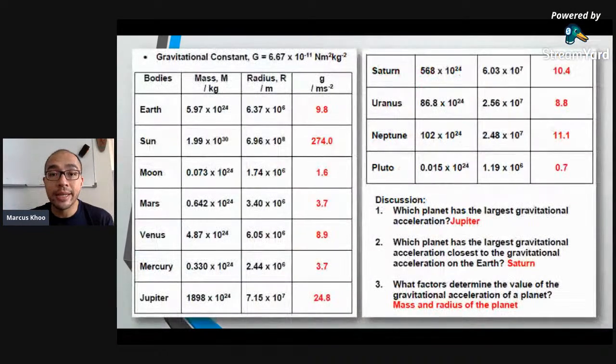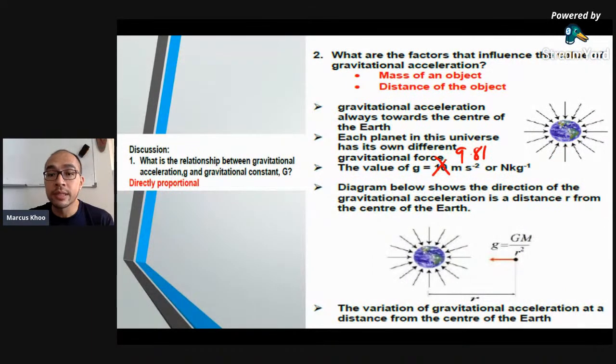We find that there was a relationship between g and the R. If you remember the graph, it was directly proportional first, and then at the maximum over here, this is the gravitational acceleration on the surface of the Earth, and after that it will decrease. It will be inversely proportional. The further you are away from the surface of the Earth, the smaller the gravitational acceleration will be.